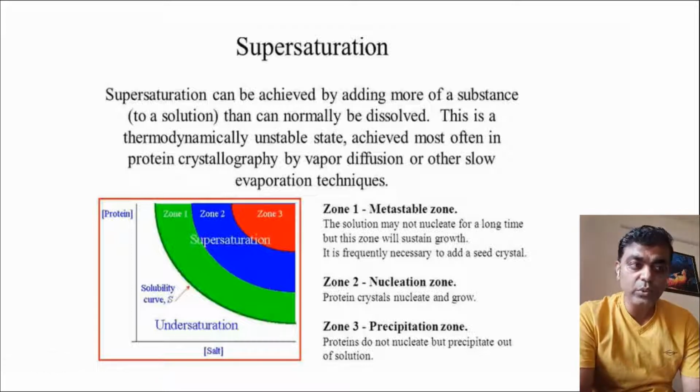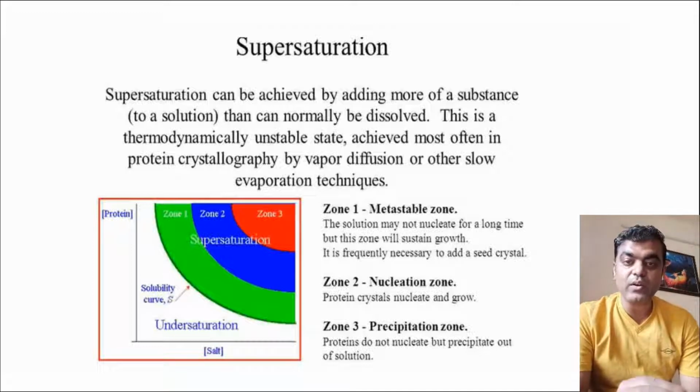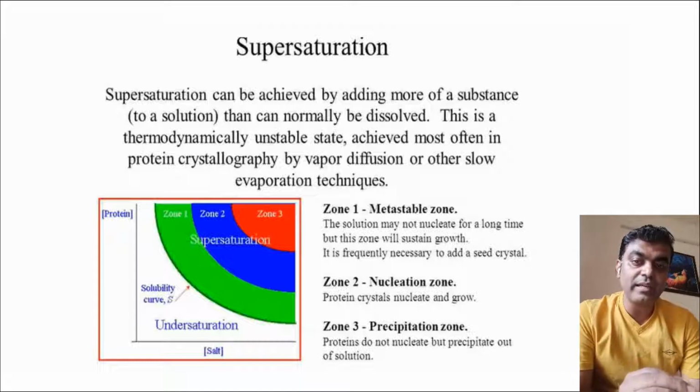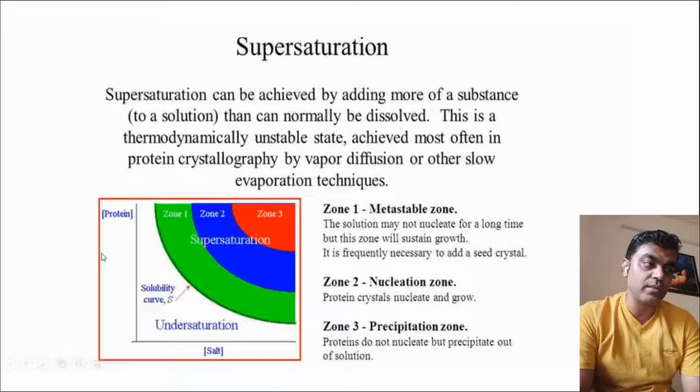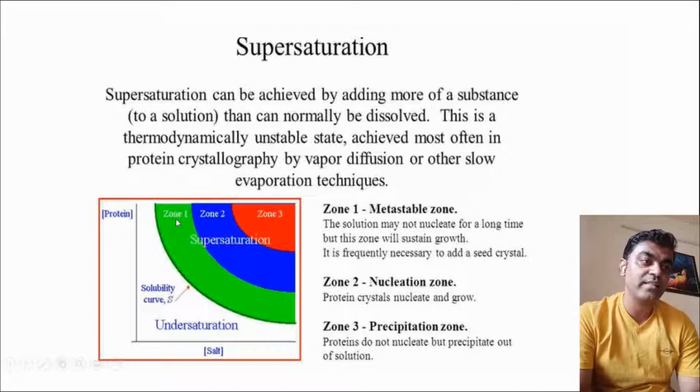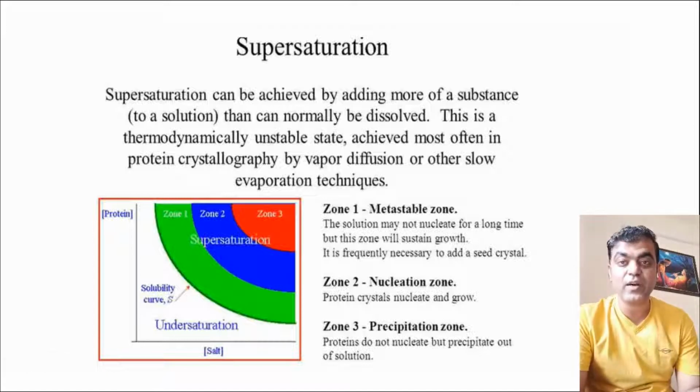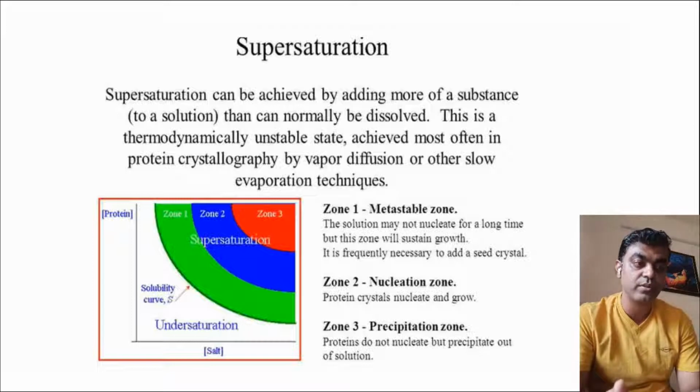In the metastable zone, the solution may not nucleate for a long time, but this zone will sustain the growth. It is essential to start or maintain the seed crystals. So the seeding of the crystals will start from this zone 1. But again, this is a thermodynamically stable zone, so you do not see very fast changes or a nucleation process.